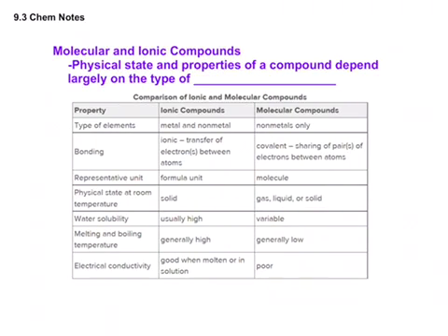So for molecular and ionic compounds, the physical state and physical properties of a compound will largely depend on the type of bonding that they have.